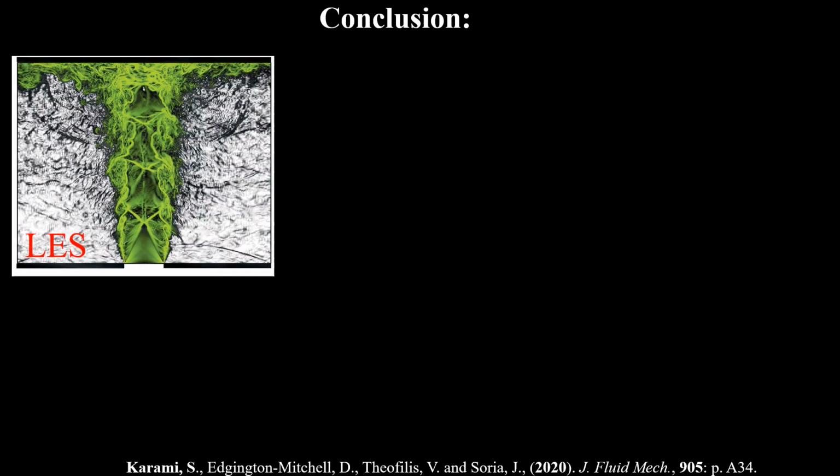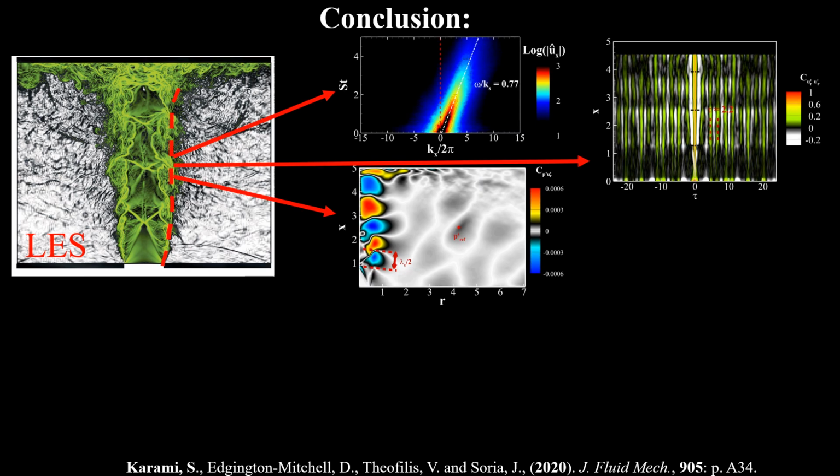This brings me to the conclusion slide. We performed large-eddy simulation of underexpanded supersonic impinging jets. We used different techniques to obtain the time scale, length scale, and velocity scale of coherent structures in the shear layer of the jet. We found that coherent structures are formed within one jet diameter from the nozzle.